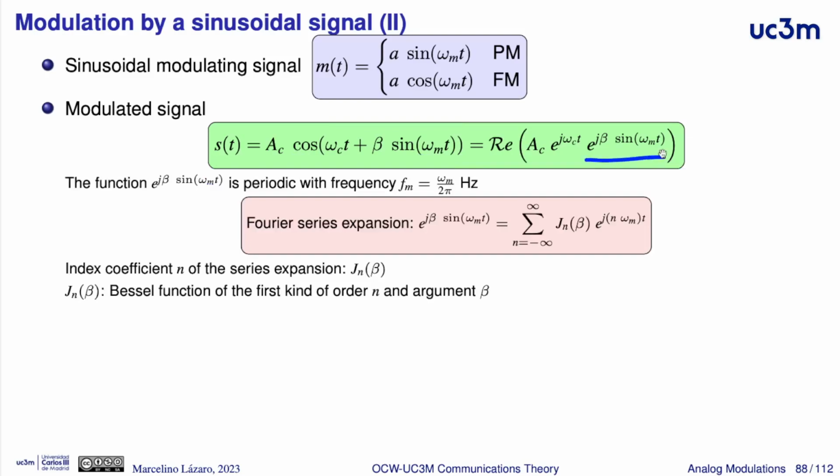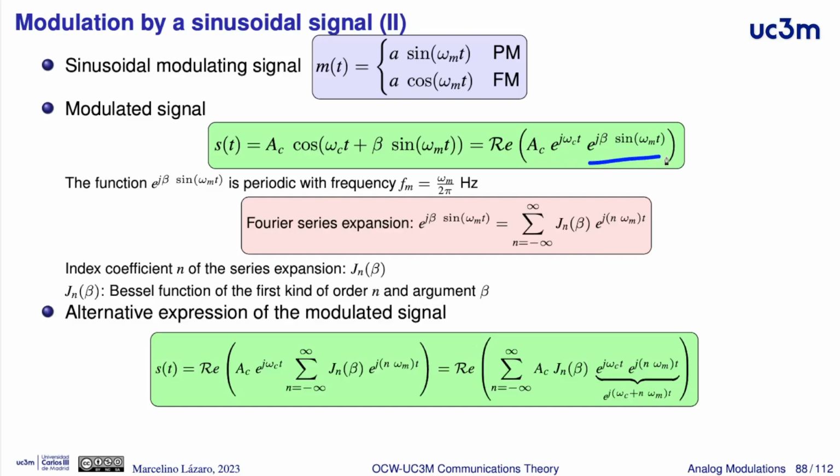This term, the complex exponential of argument beta times a sine, is a periodic and very well-known function that has a very well-known Fourier series expansion, where the coefficients of the Fourier series expansion are known as the Bessel functions of the first kind of order n and argument beta, Jn of beta.